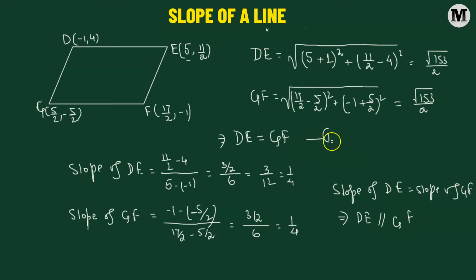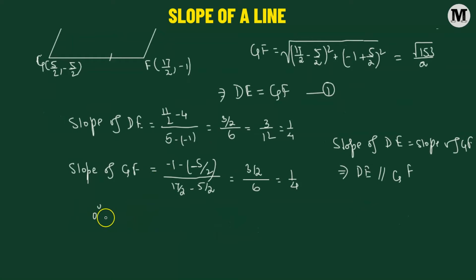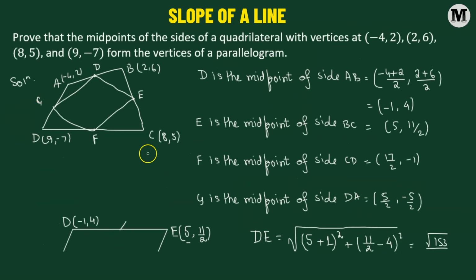The two sides of the quadrilateral DEFG, DE and GF, are equal to each other, and also parallel to each other. So this tells us that DEFG must be a parallelogram. Therefore, DEFG is a parallelogram. And how do we form this parallelogram? We form it by joining the midpoints of the quadrilateral ABCD, whose vertex coordinates were provided to us.